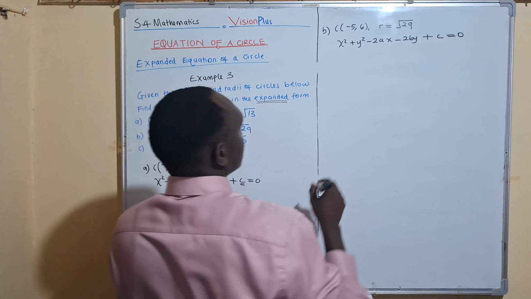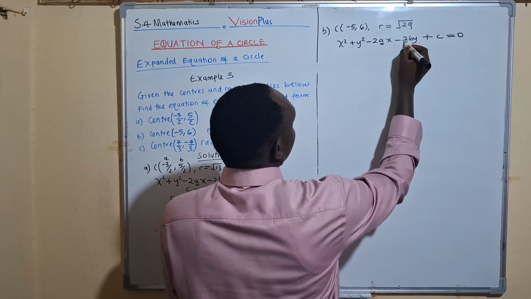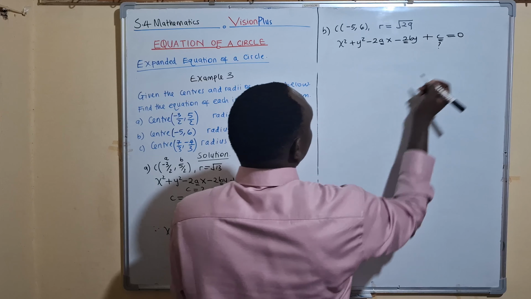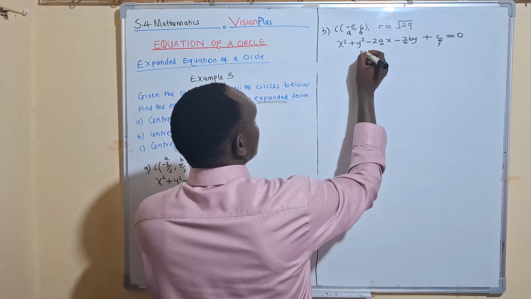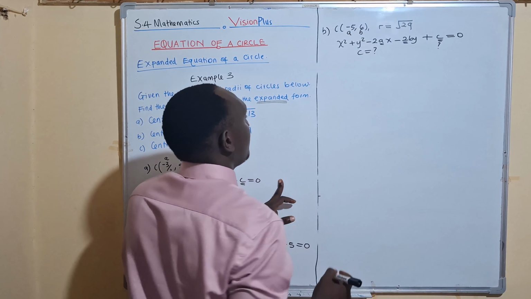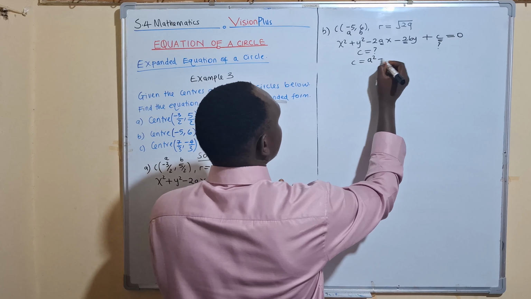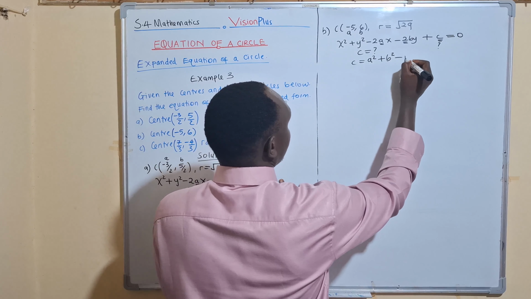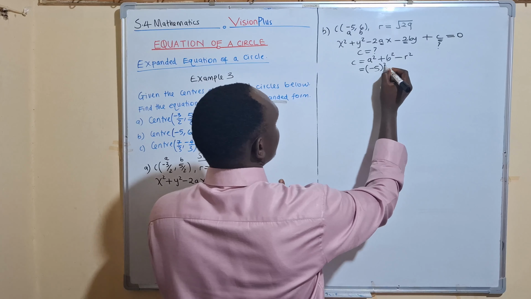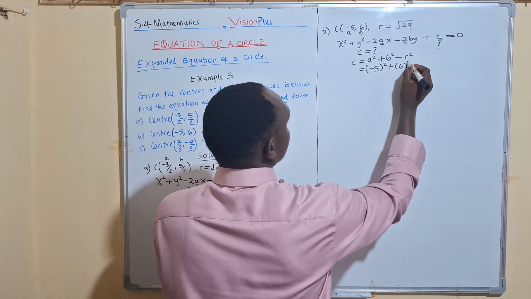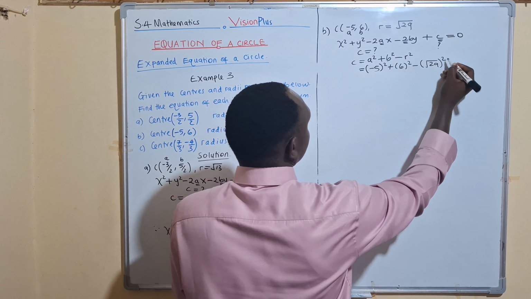Before we substitute, we have a and b as coordinates of the center, so we need to first find c. Here c is not known, but we can get c from the formula a squared plus b squared minus r squared. Substitute for a is -5 squared plus b 6 squared minus r is root of 29 squared.